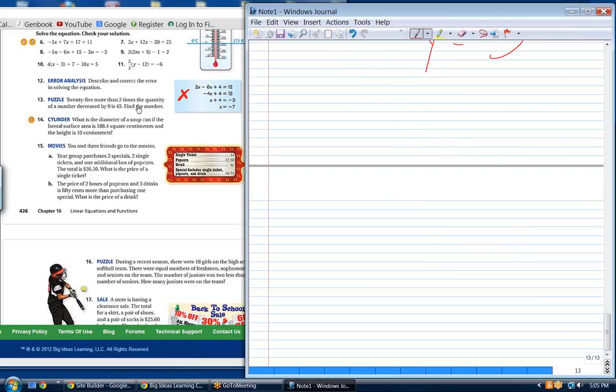My number 13. Give me the equation for that. Okay, so 25 more than 3, so 25 plus 3 more than three times something.